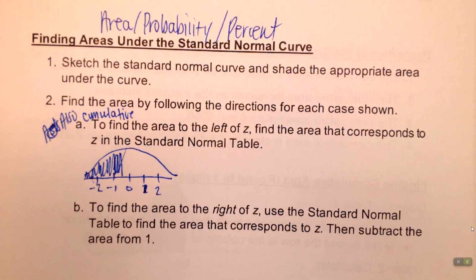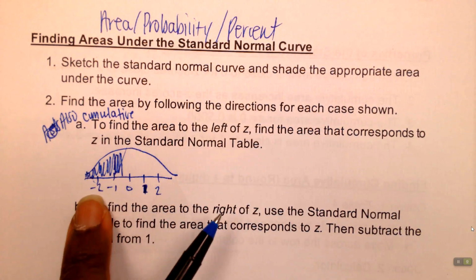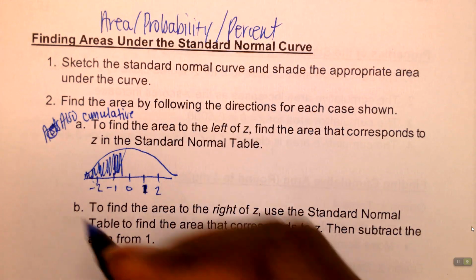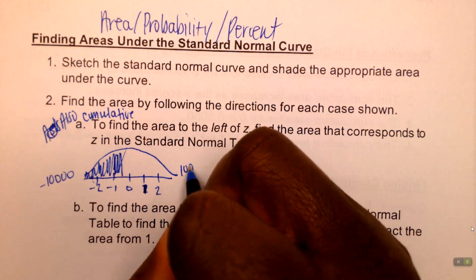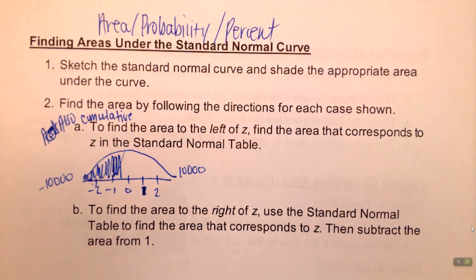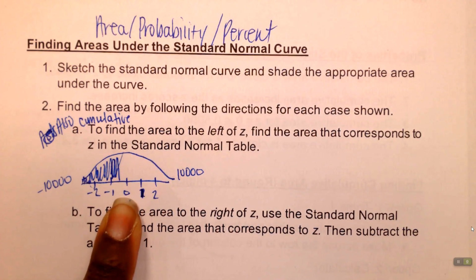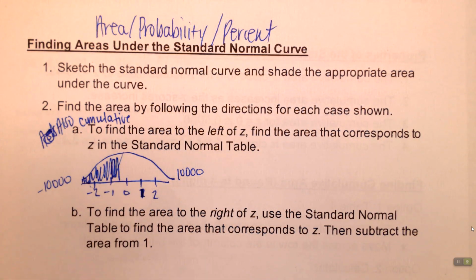Remember, we always have that same set of numbers. So this is -10,000, +10,000, every single time, with 0 in the middle. And you're going to shade left until your z-score stops.